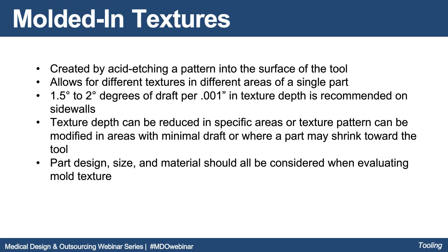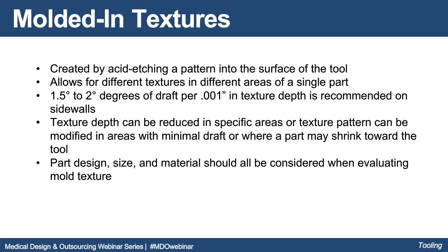This was discussed a little bit earlier, but Moldtec and other texture companies are going to have specific degrees of draft that they want per the texture that's chosen by the customer. Texture depth can be reduced in specific areas, or the texture pattern can be modified in areas with minimal draft or where a part may shrink toward the tool.